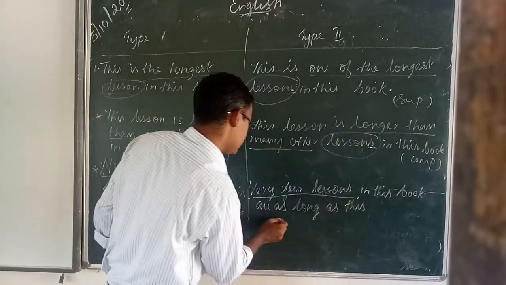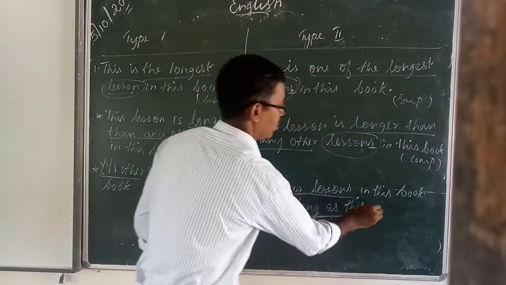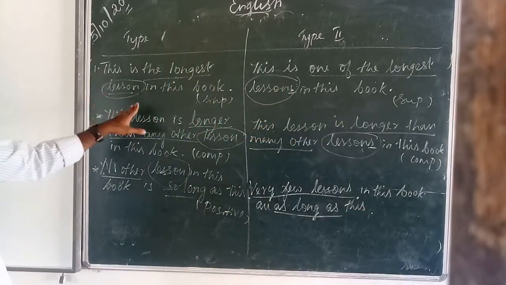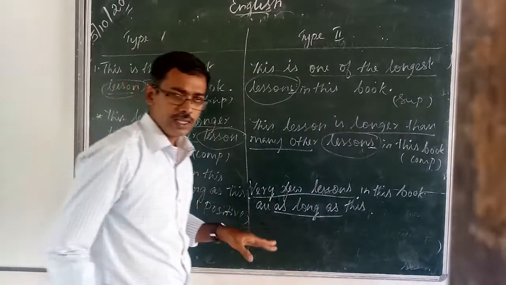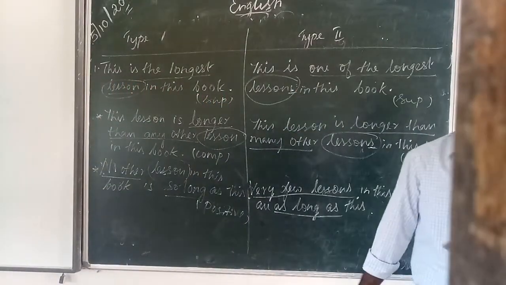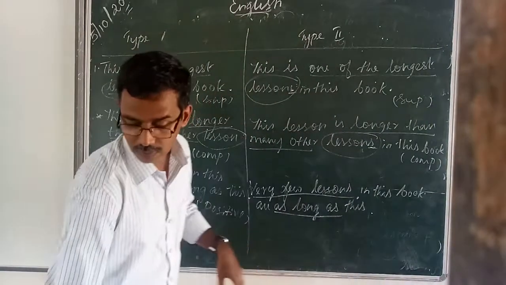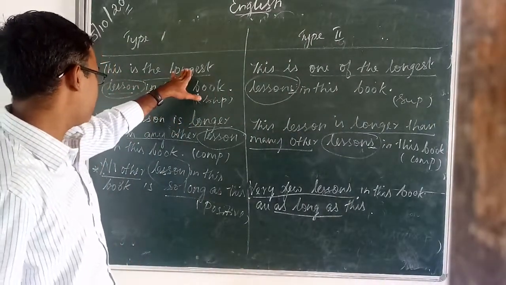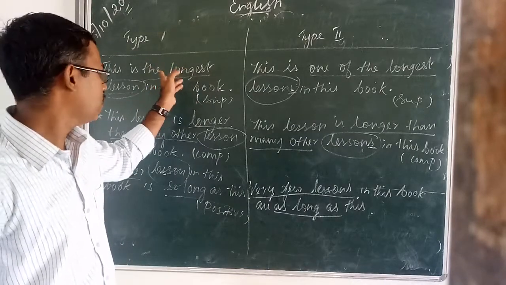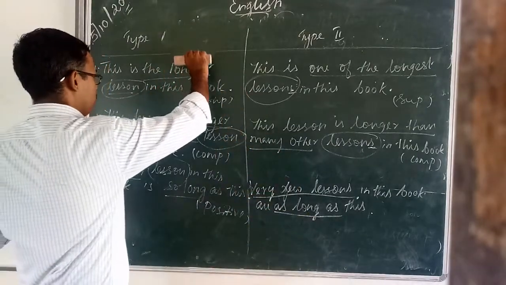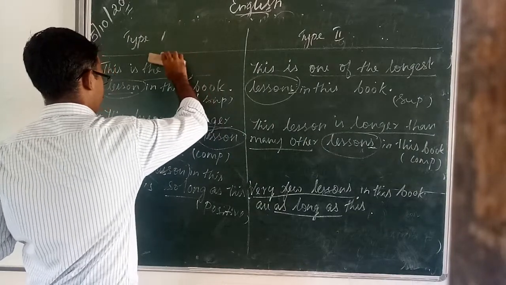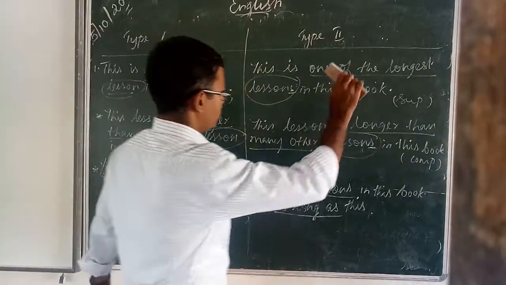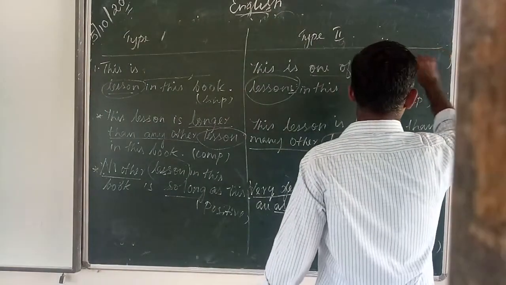Very few lessons as promise. That's important, and that's the only difference between the first type and the second type. Let me explain once more. In the fill in the blanks type, I will explain. I will give another example and explain once more. Just listen here.